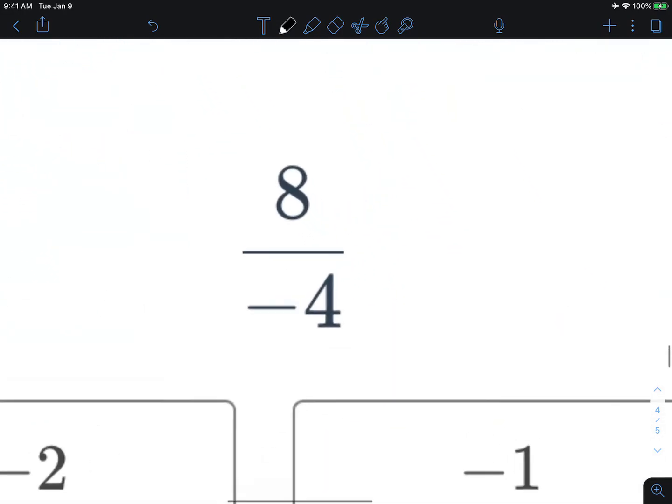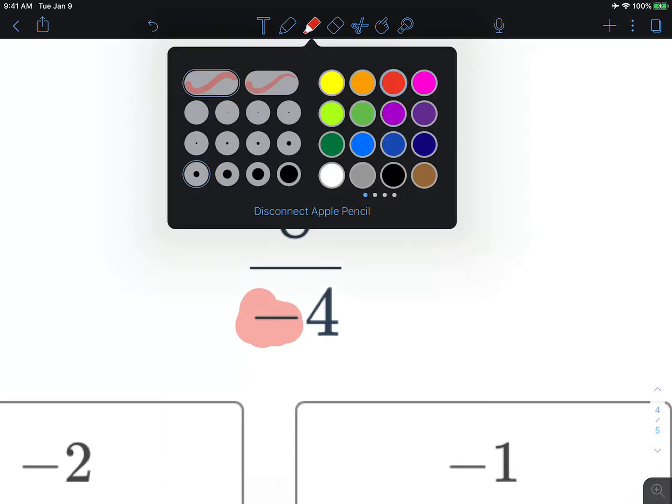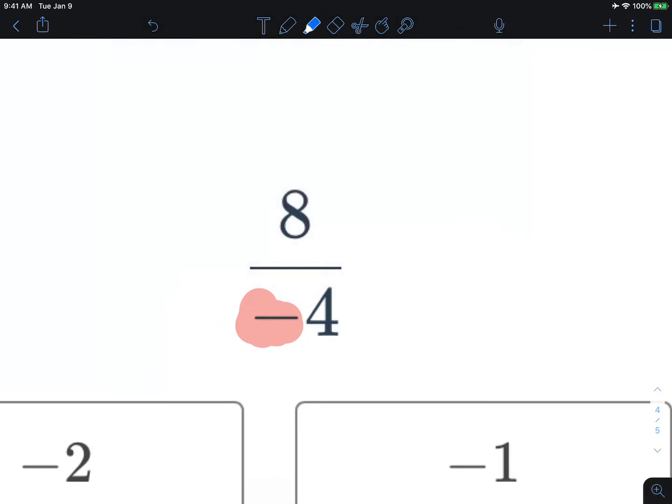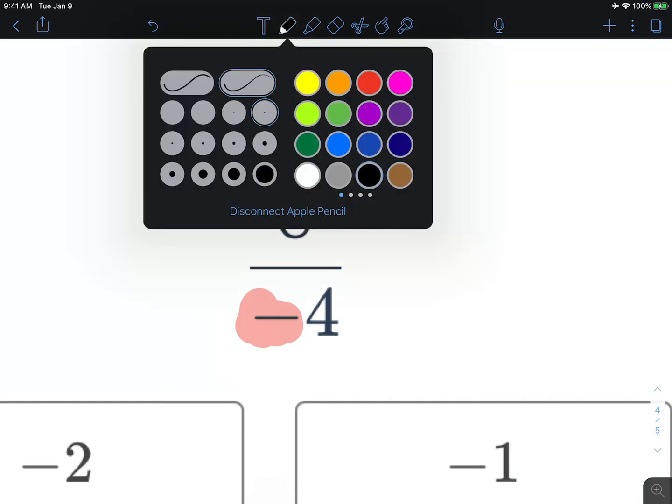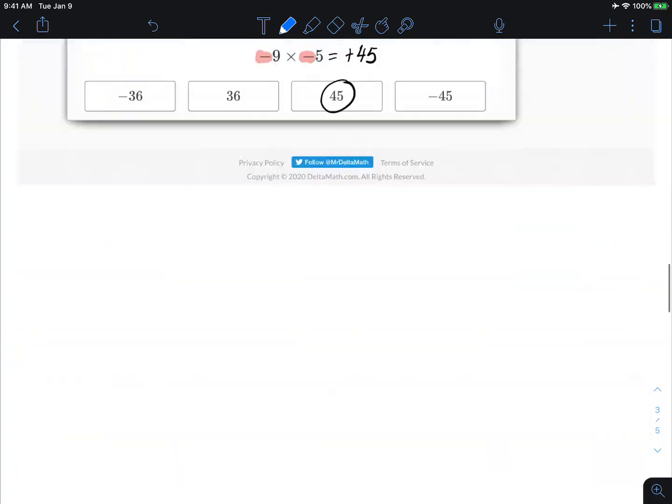This is a division. So let's see here. I have a negative down here. And if you notice on the 8, I don't really have a sign. But that's really a positive 8. So we have a positive divided by a negative. So let's go back.